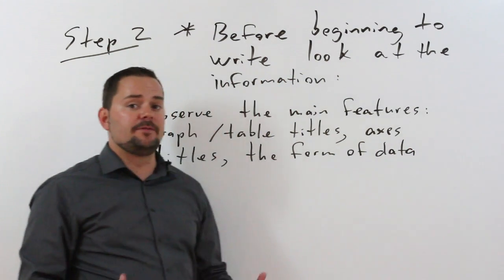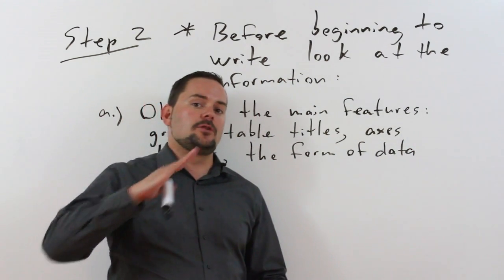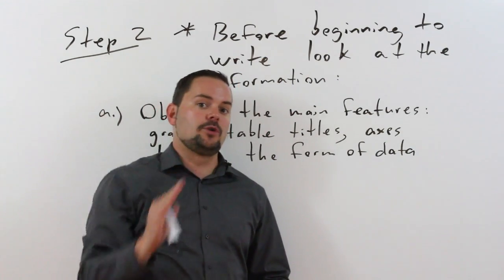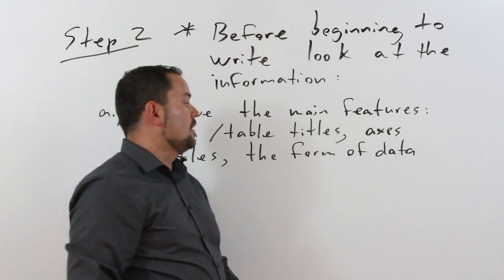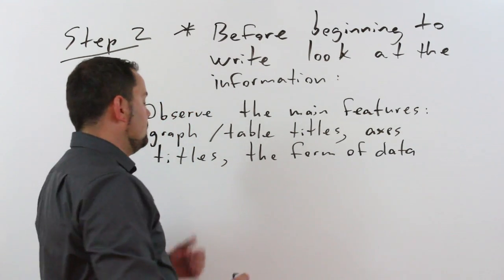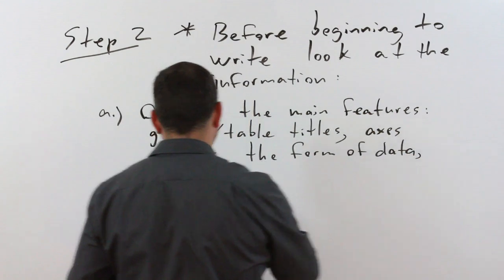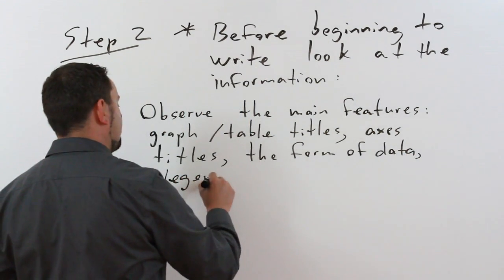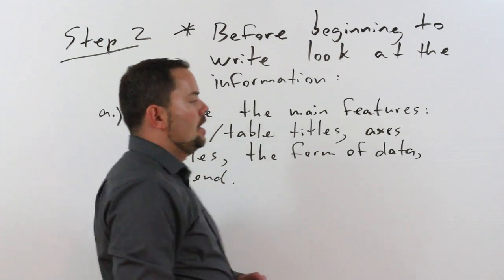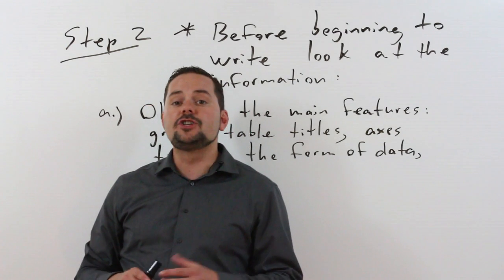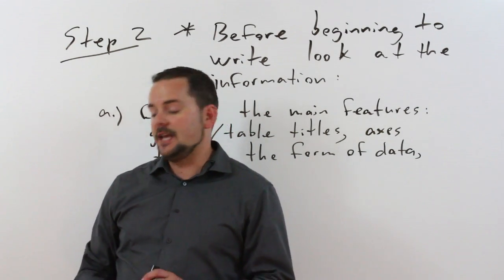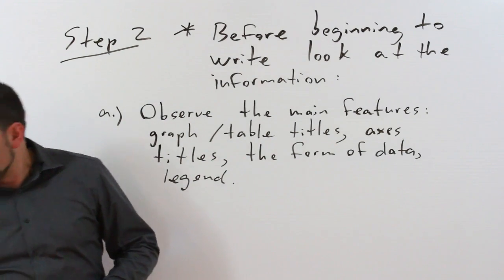This means the shape of the data. So do you have data going upwards in the line graph, downwards, fluctuating like this? So what's the shape? Observe all of that. And of course, the legend. So let's have a look at our example and see what kind of features this line graph and table indicate.